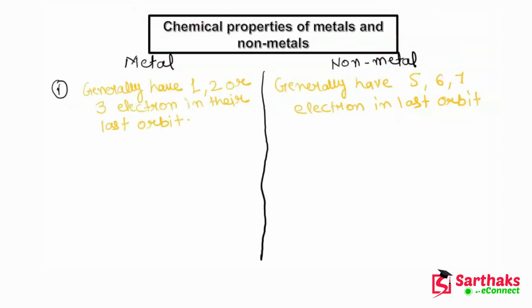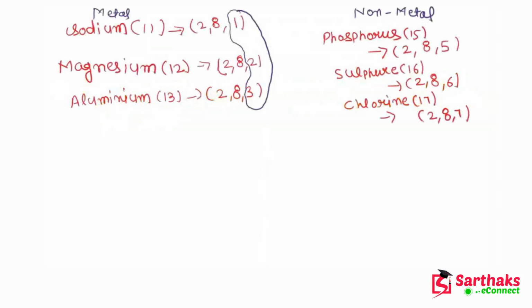So here we have written the same thing that we wrote before: metals generally have 1, 2 or 3 electrons in their last orbit.